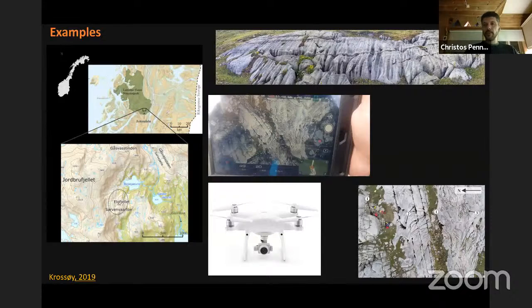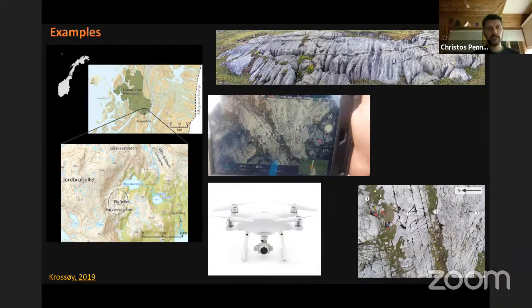So now moving on to the last part of my presentation, I want to present to you 3 examples where drones were used in order to decode a geological problem or geomorphological problem, an earth science problem in general. The first one is from Thea Crossoy.